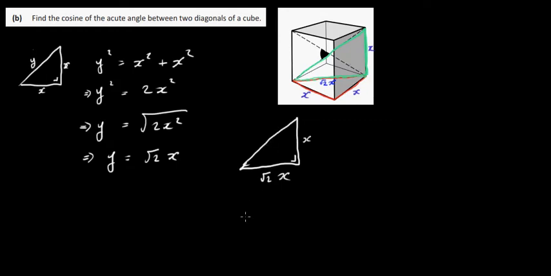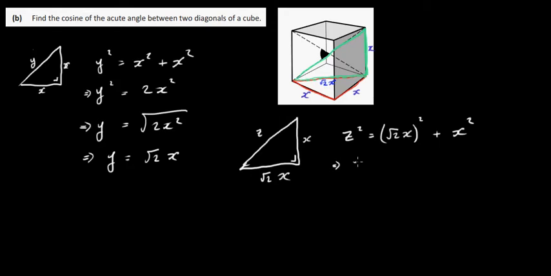So let's call it z, for example. Okay, we've already used y, so let's use another letter z here. Now, using Pythagoras' theorem again, you've got z squared is going to be equal to the square root of 2x all squared plus x squared.